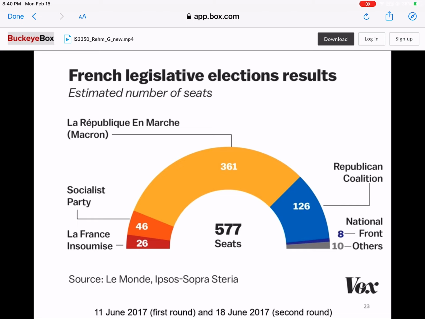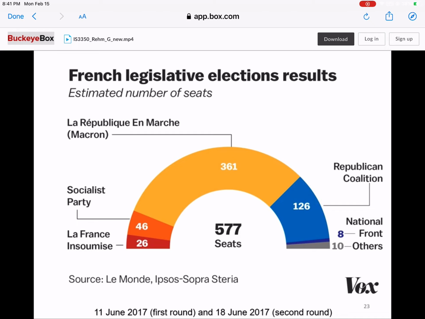La République En Marche, which is the movement or party founded by Macron, the president, won an overwhelming majority with 361 out of 577 seats. The previous party with the majority, the Socialist Party, was pummeled and was left with 46 seats, and the Conservative Party was left with also only a very small seat share.